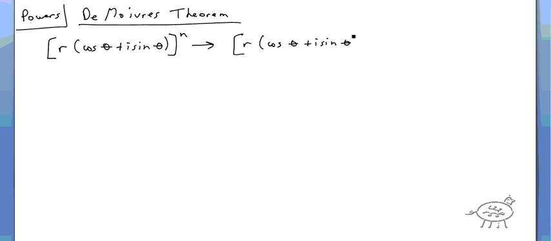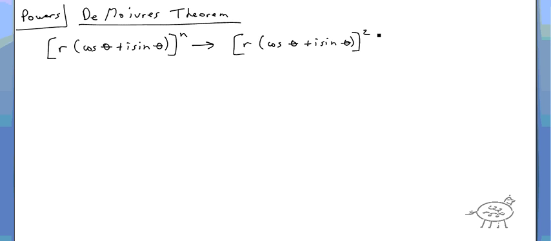We have r times cosine of theta plus i sine of theta, and that's to the nth power. So to develop this, let's use the product theorem and start off with r times cosine of theta plus i sine of theta squared.